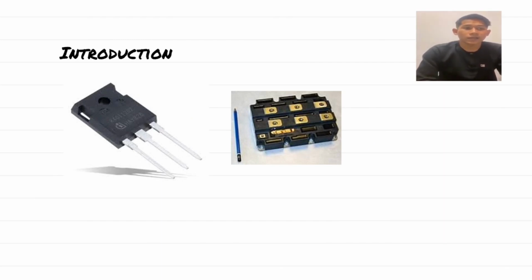For the introduction, the IGBT, or insulated gate bipolar transistor, is the combination of BJT and MOSFET. Insulated gate refers to the input part of the MOSFET having very high input impedance. It does not draw any input current, rather it operates on the voltage at its gate terminal.